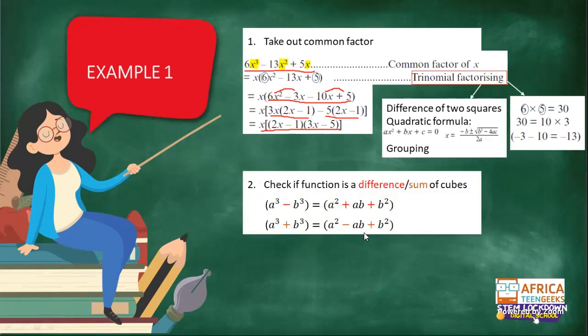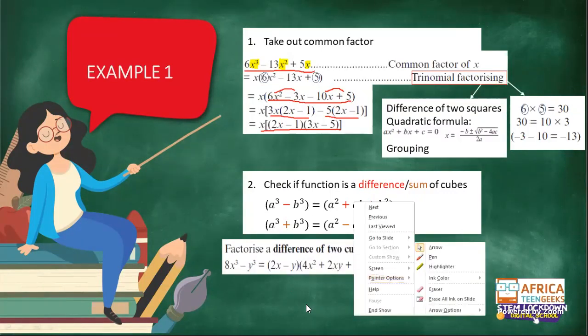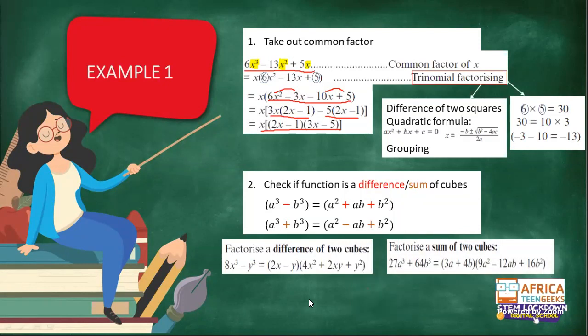Another method is to check if you have a difference between two squares or a sum of cubes. In this case, you have a difference of cubes. And if you have the other one, you have a sum of cubes.